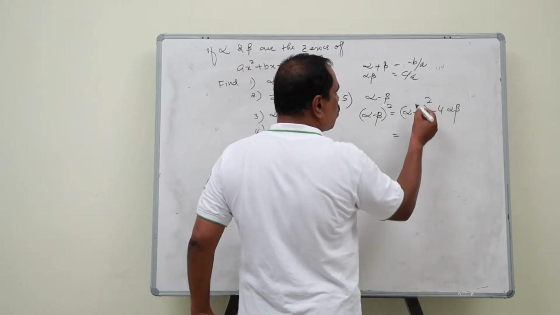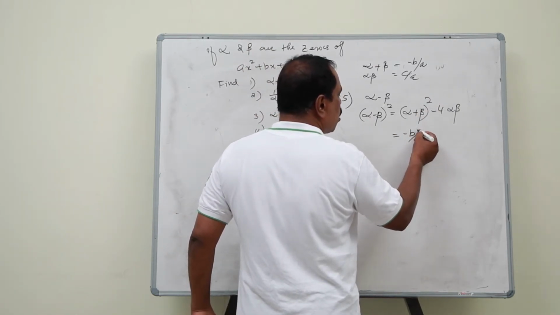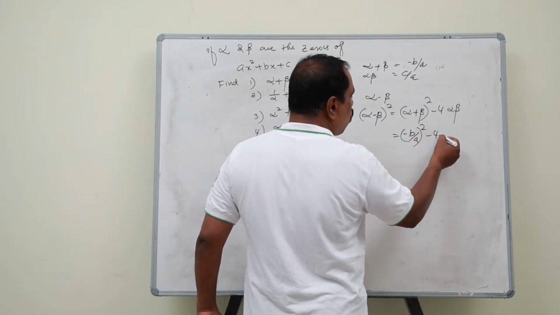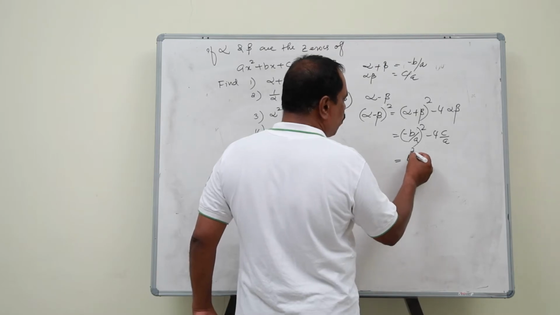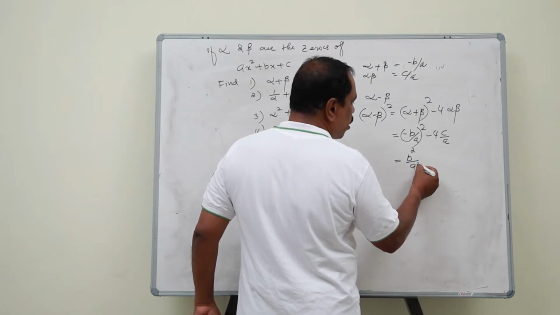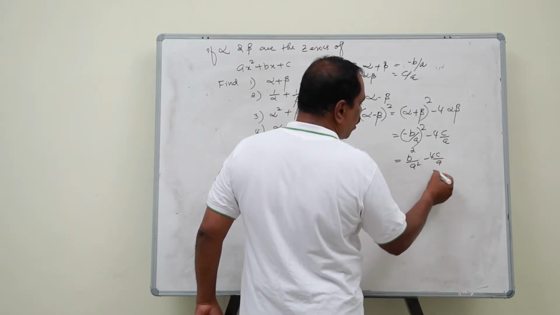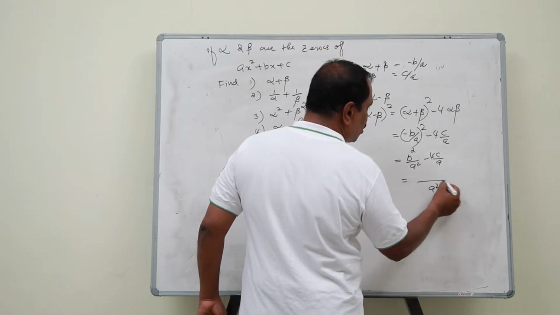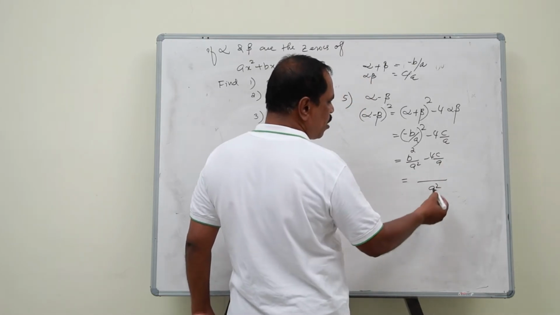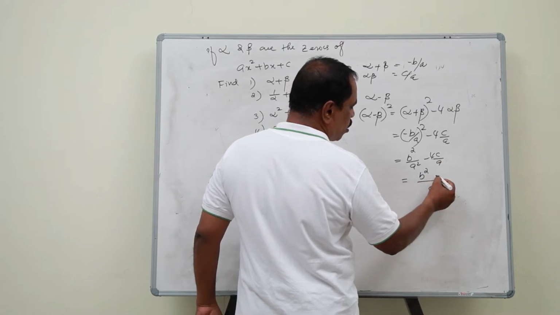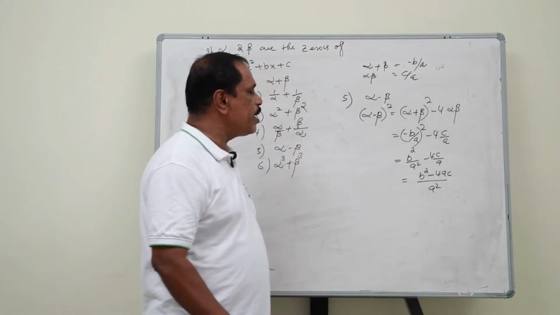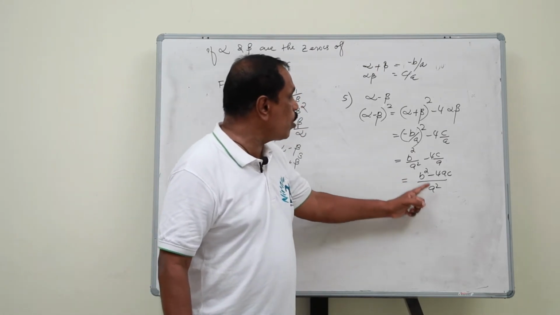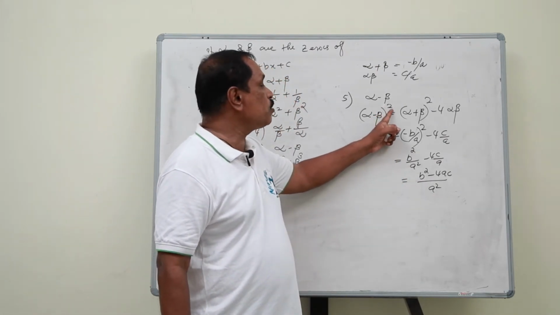So, what is alpha plus beta? We know already. The whole square minus 4c by a, correct? When we take LCM, a square is the LCM, then b square minus 4ac by a square is alpha minus beta the whole square.